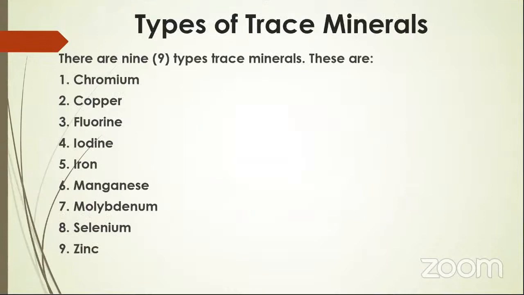Types of trace minerals. Now, as I said earlier, there are 9 types of trace minerals, and these are chromium, copper, fluorine, iodine, iron, manganese, molybdenum, selenium, and zinc.